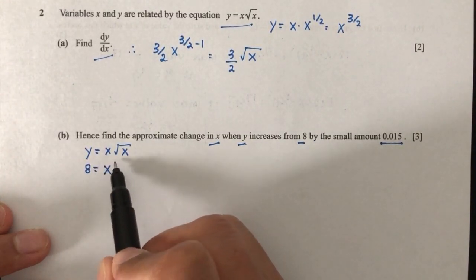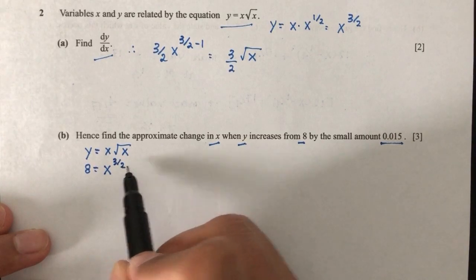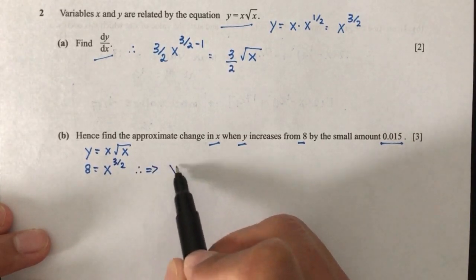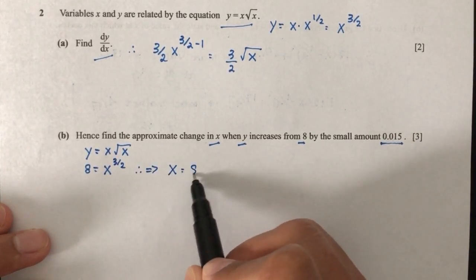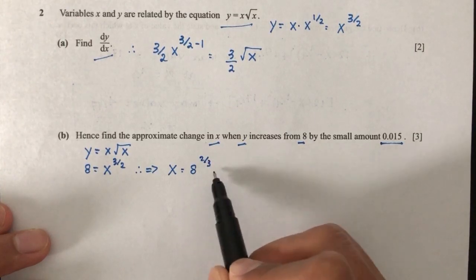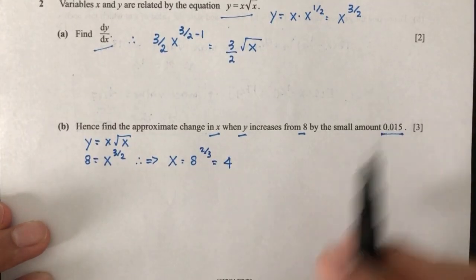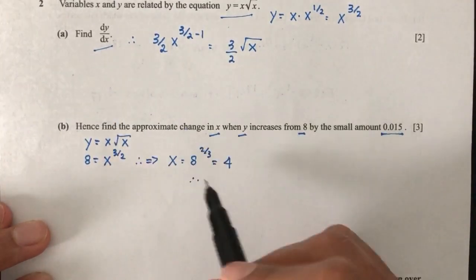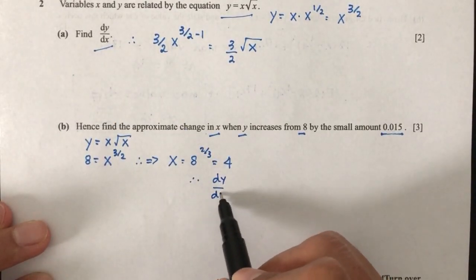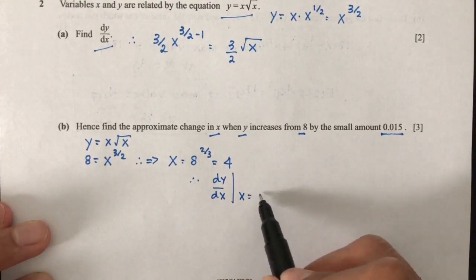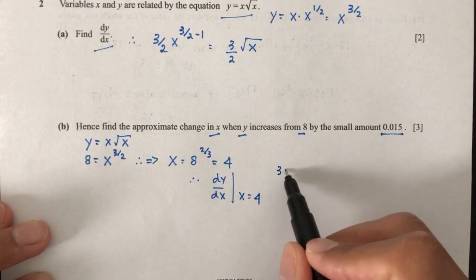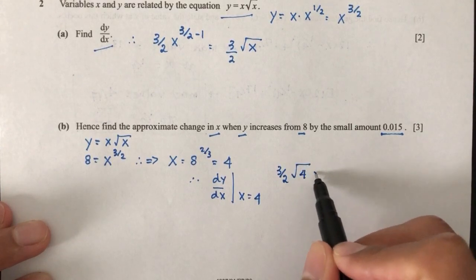So x is 8 to the power 2 over 3. That will be 4. So basically we have to replace x in dy by dx when x equals 4. That will be 3 over 2 times the square root of 4, which is 3.